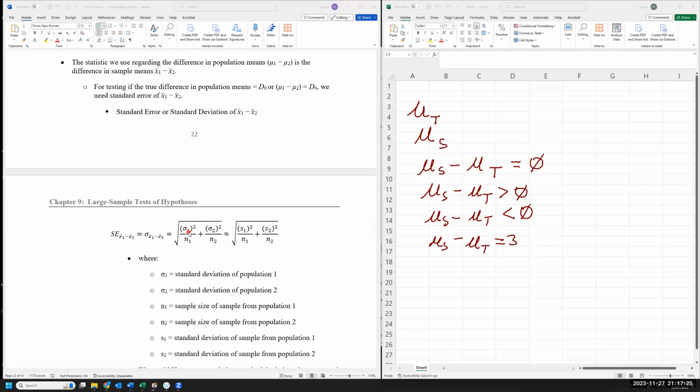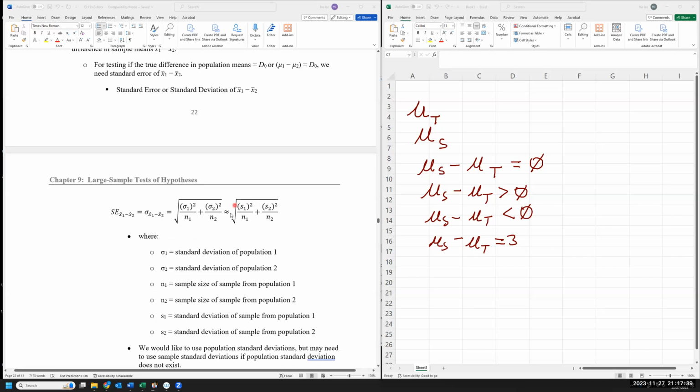However, the standard deviation of population 1 and the standard deviation of population 2, actually, we square it, right? So these are the variances, are not known 99.9999% of the time. Therefore, we use the variance from the sample of population 1 and the variance of the sample from population 2, and that's approximately equal to the true value.